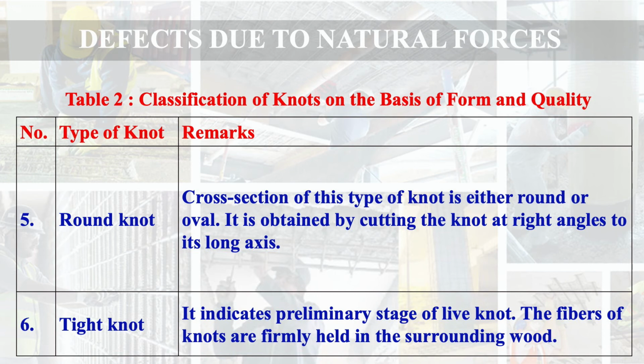It is obtained by cutting the knot at right angles to its long axis. Then next type of knot is tight knot. It indicates preliminary stage of live knot. The fibers of knots are firmly held in the surrounding wood.